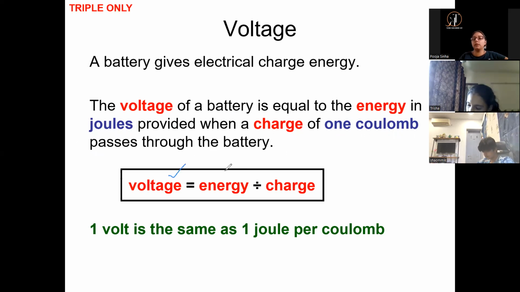So voltage is equal to energy upon charge. This energy is in joules and the charge is in coulombs. And this voltage is 1 volt. Am I clear? So 1 volt is an energy per unit coulomb.